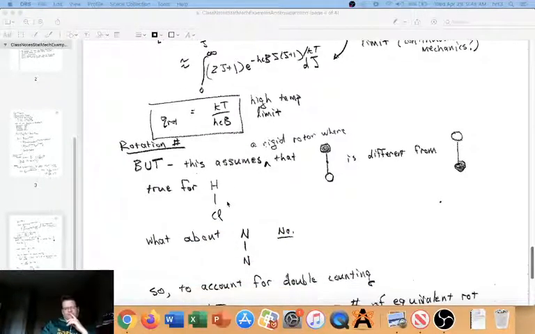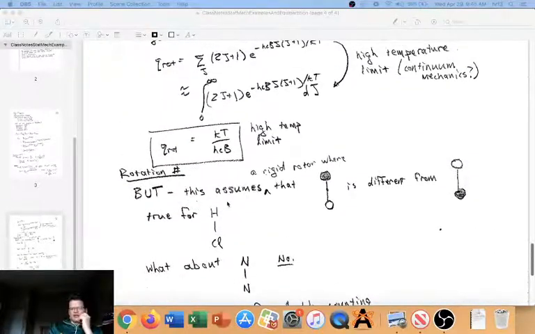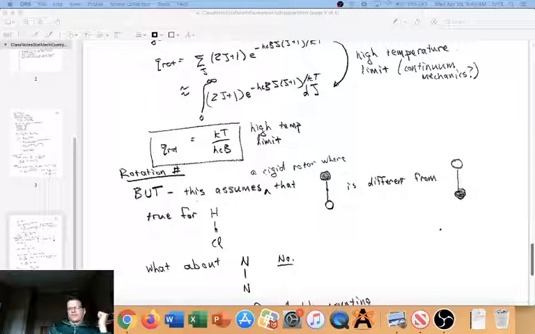All right, but one caveat for rotation, and we'll finish after this, is the rigid rotor. When we did it, we didn't talk about this much, but we assumed that this configuration is different from this, which was true for the system that we looked at in lab, hydrochloric acid, right? If you have hydrochloric acid or hydrogen chloride and you flip it around, it's different to have chlorine on the top versus chlorine on the bottom.